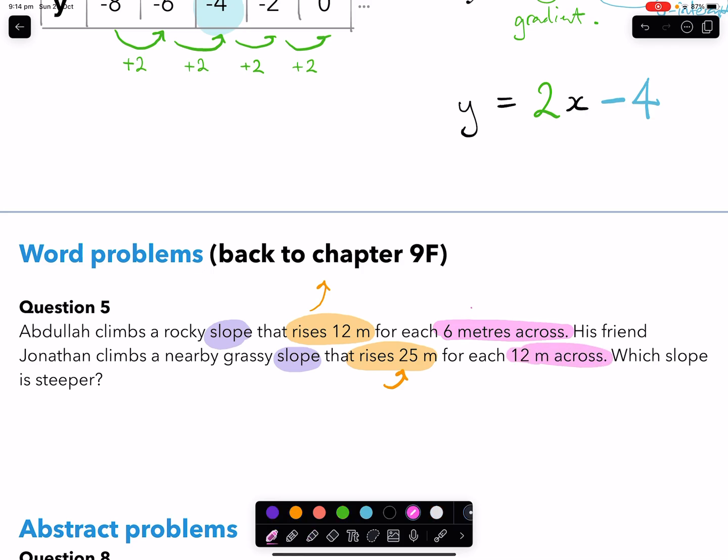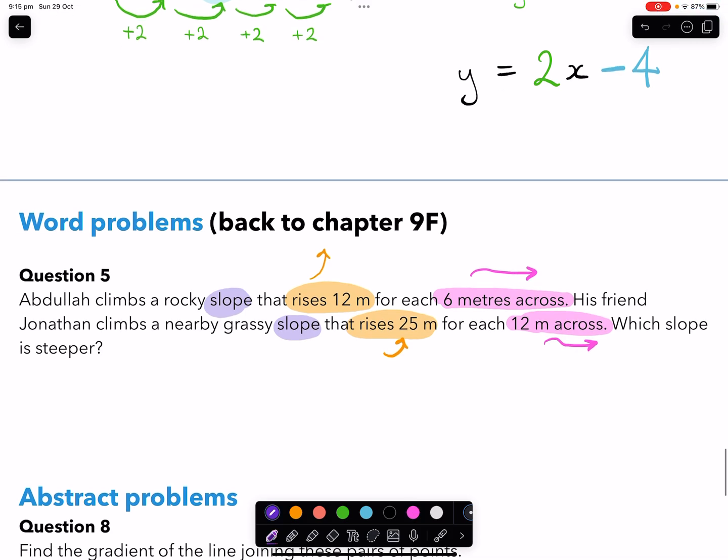So that implies we're going that way. So these are clues that we're going to use the rise over run formula. And we have to respond from these 2 people in the story which one had the steeper slope. A steeper slope would be a steeper gradient, a higher number, a more positive number. So that's going to be our clue.